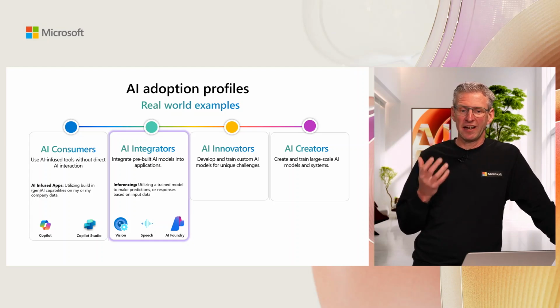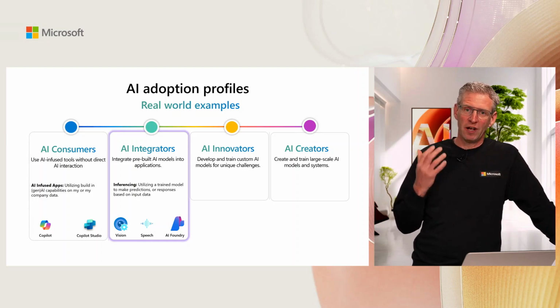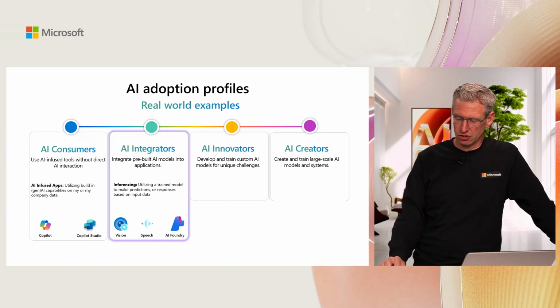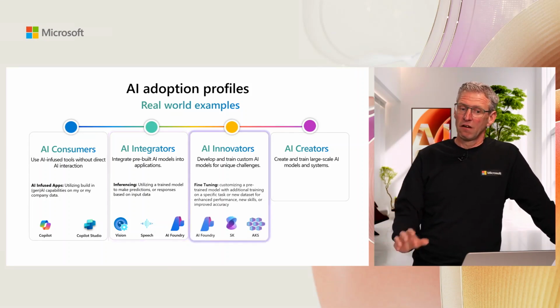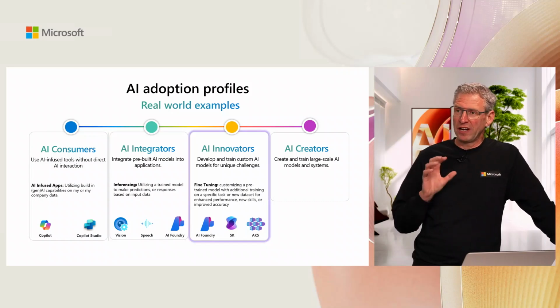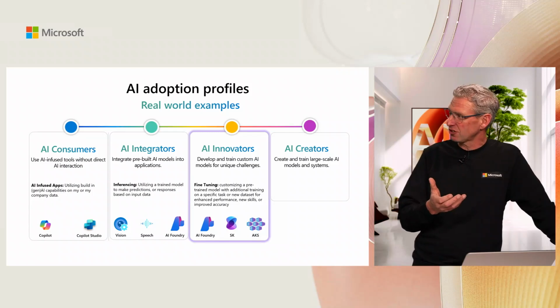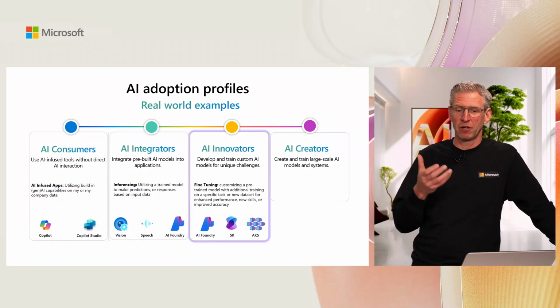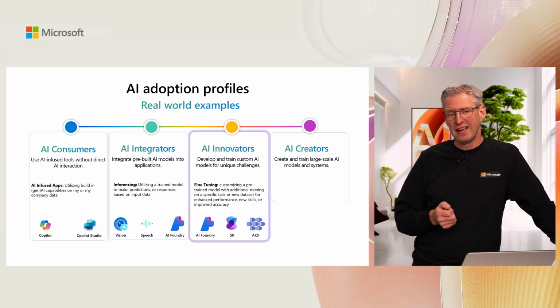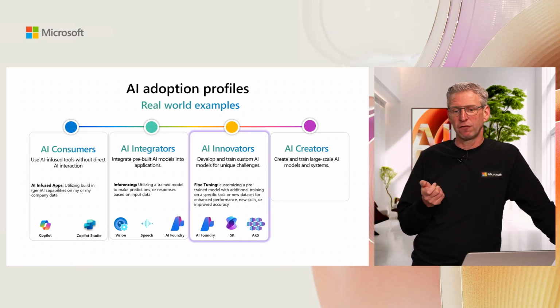That is typically an AI integrator, where you use a ready-to-use AI service and extend it into your existing application. That is typically an audience where you need the Azure AI Landing Zone, because you want them set up for success to go from experiment to production. The same kind of applies for the AI innovators.